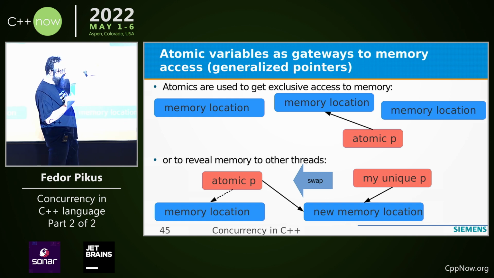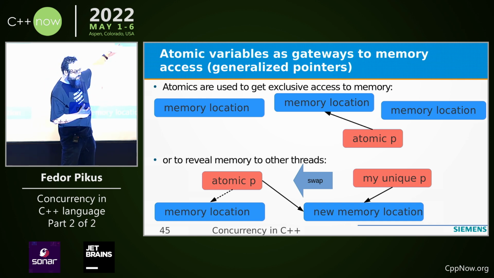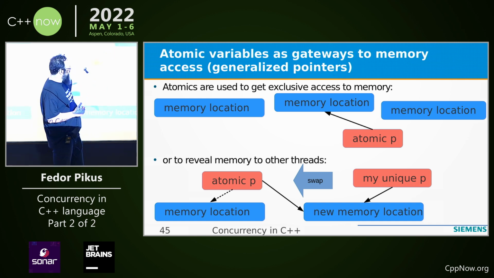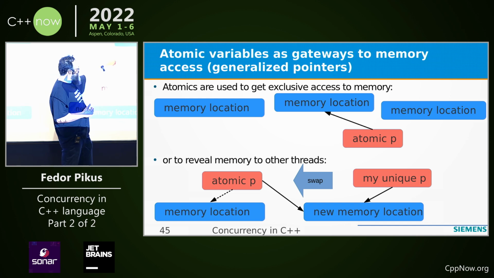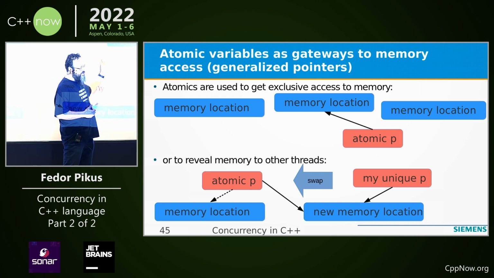As long as they participate in that guarantee, they must issue an acquire barrier, because they need the opposite guarantee. They need the guarantee that anything they do after the atomic operation reflects the visibility that was before. So I'm updating the pointer with the release barrier, forcing the visibility of everything I have done before the release.